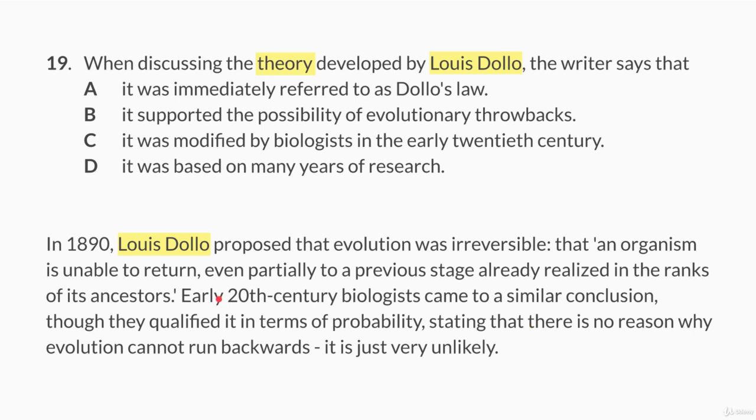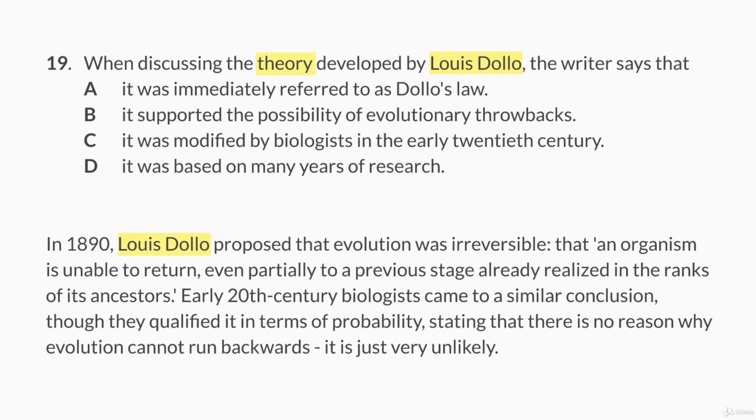Those are all the keywords I have found so far. I found evolution here, I also see evolution here, and I see early 20th century and biologists. So I'm pretty sure my answer is going to be somewhere around here. Remember, we are only looking for 1 to 2 sentences. That's going to be our matching sentence.